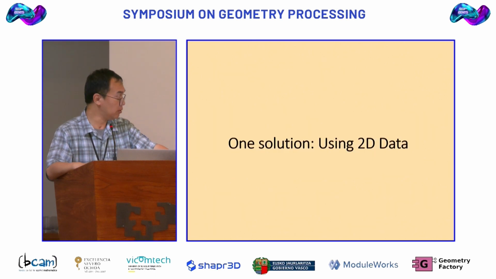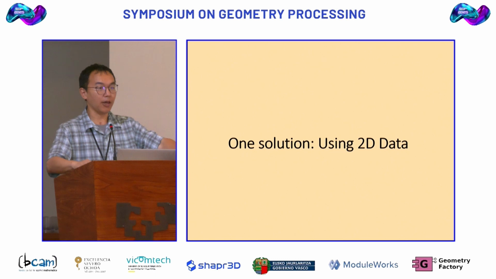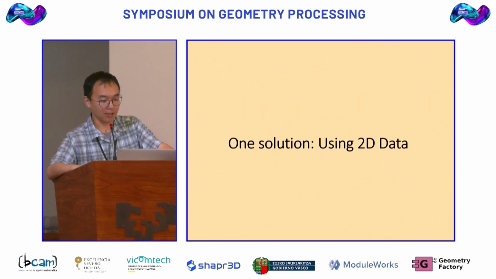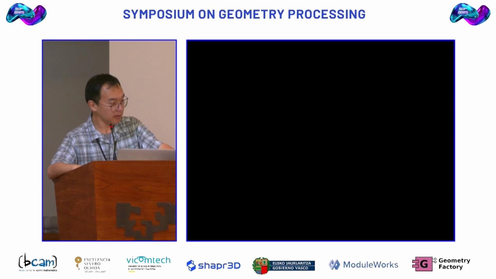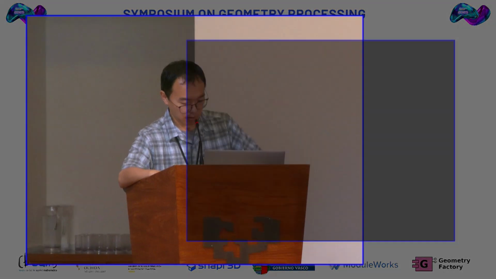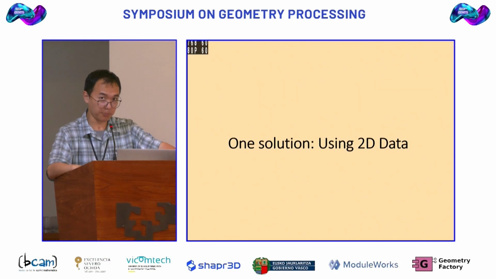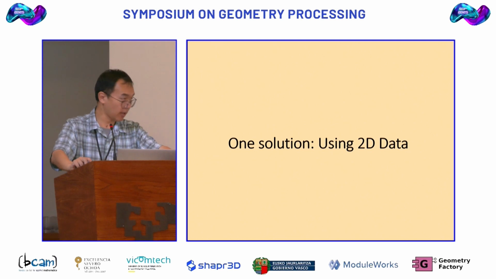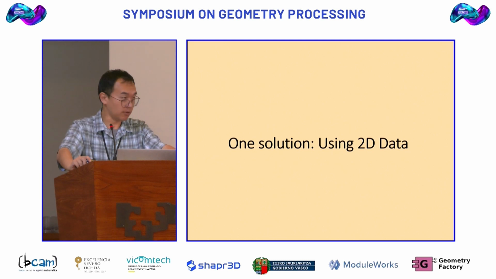There are two ways. One way is to use 2D data. For example, if you care about object level 3D data, we can use 2D product images, like the billions of product images, where each object has a few views.